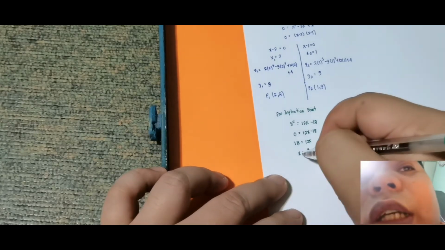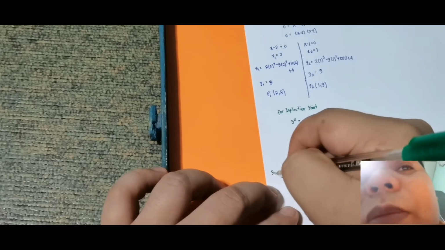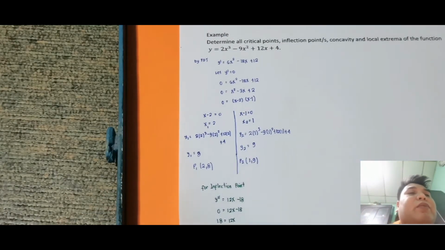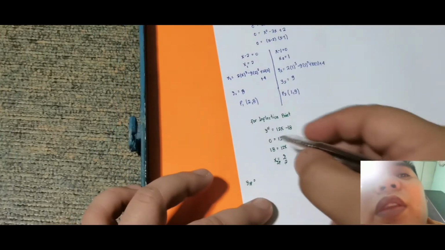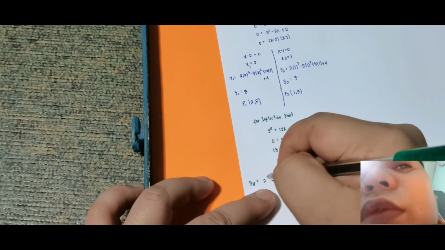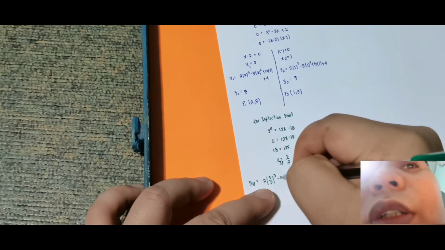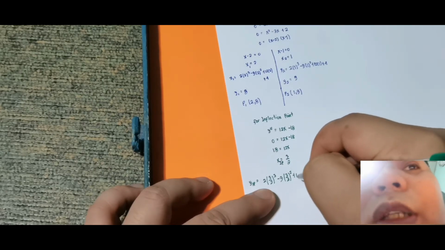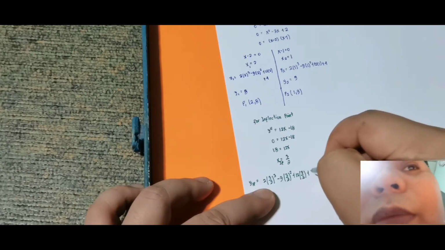Okay, then so ito yung x sub ip natin. So kunin natin yung y sub ip. So balik tayo sa first equation or sa ating first function. So that is 2x cubed. So that is 2 times 3 over 2 cubed minus 9 times 3 over 2 squared plus 12 times 3 over 2 plus 4.